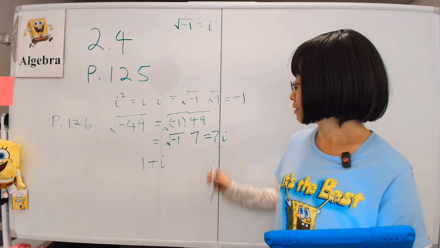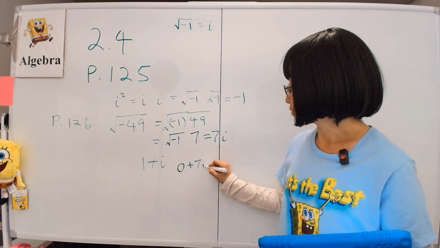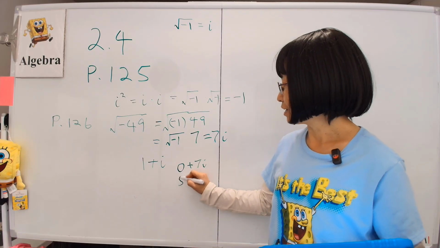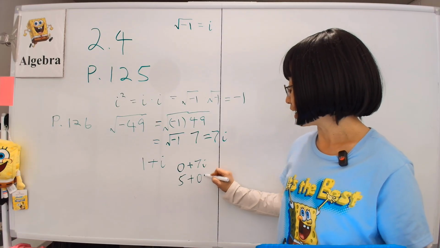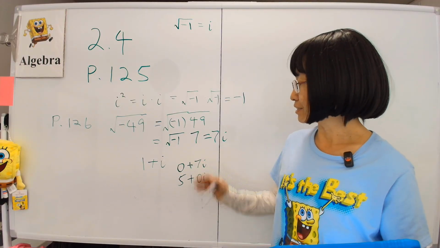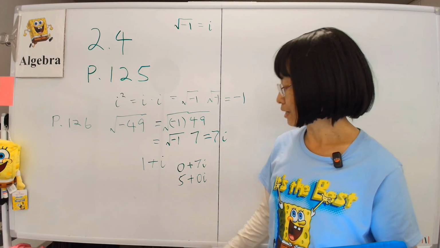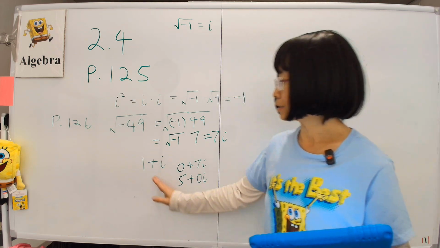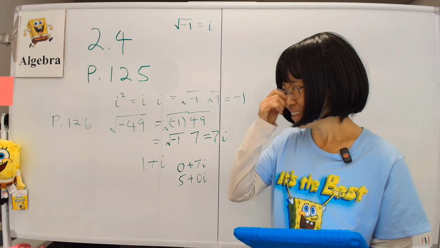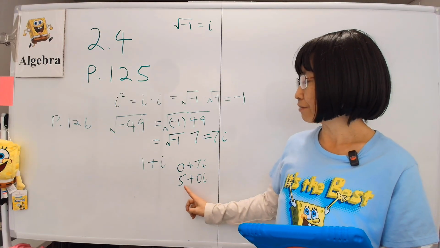Now, for example, this number 7i, you can write it as 0 plus 7i. And then all real numbers, of course, now become, say, 5 is now 5 plus 0i. But we're not going to do that, really. I mean, if it's 0, we just skip it. But if it's not 0, then we will put a number in. So in other words, the complex numbers include all real numbers as part of its collection. So complex numbers have real numbers in them.